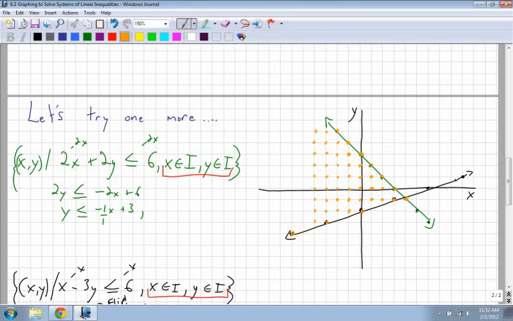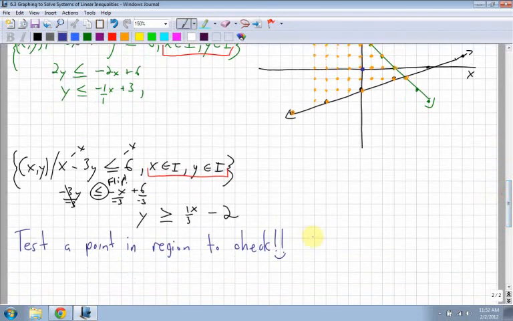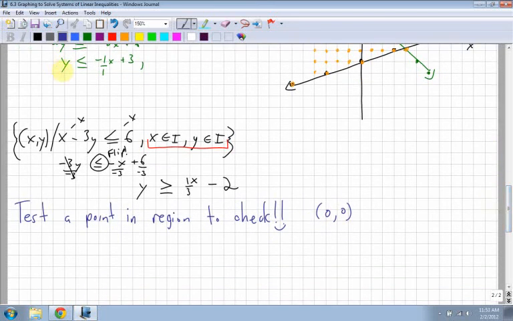Okay? Now let's test a point. Well, we have tons of points here. I usually like to test a point that's in my region that's on an axis. Look at that, 0, 0. That point right there, 0, 0, is in my region, and it's an easy one to check. So in the first equation, I have y less than or equal to -1 x plus 3, and I plug my point in.